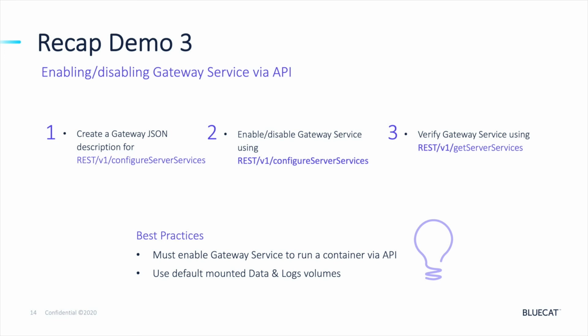Gateway users can find an example code snippet in the API documentation for 9.3. We logged into BAM to obtain the BAM auth token that we needed to pass in the configure server services and get server services method. We enabled Gateway service by invoking configure server services.